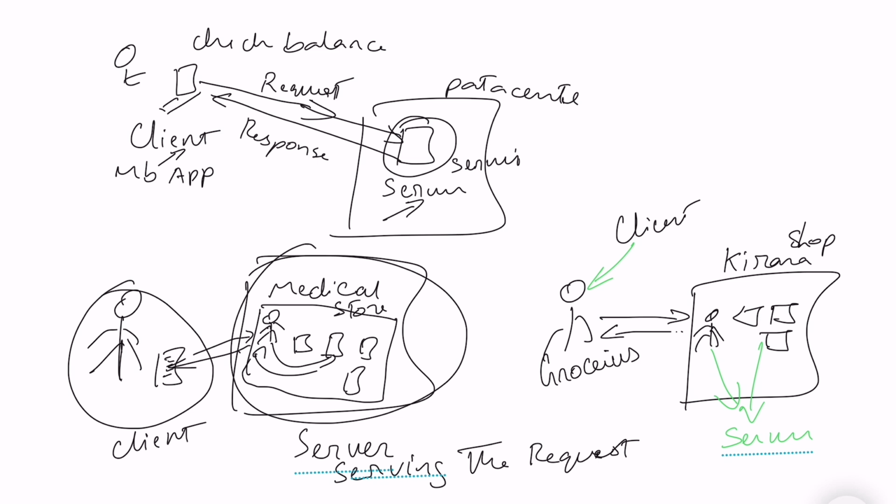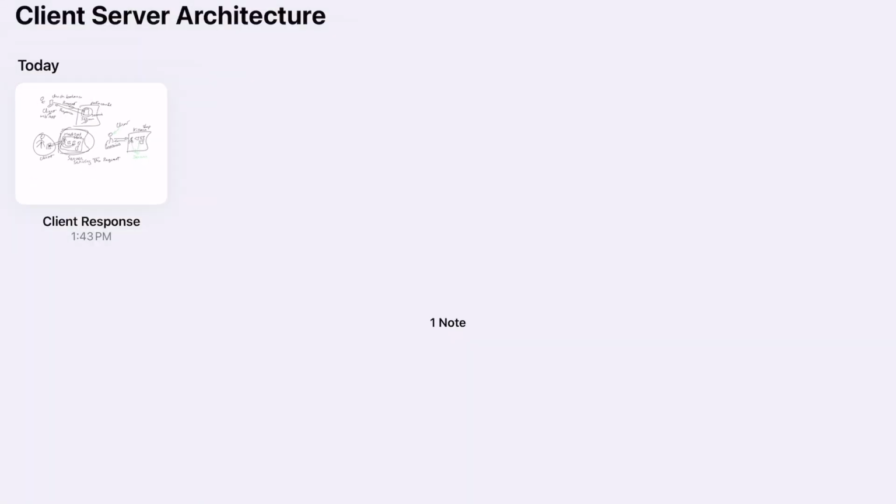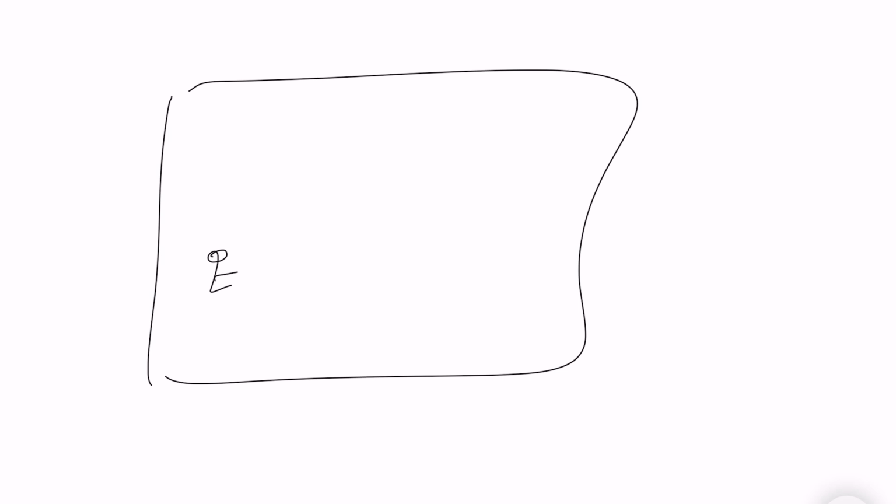Again, going back to the IT example, this time I'll take some IT examples. Let's say you're sitting in your office, which is huge. You're sitting somewhere on your desktop or laptop, and you're accessing your printer, where you want to print something.